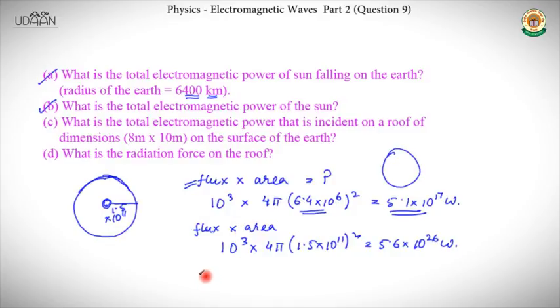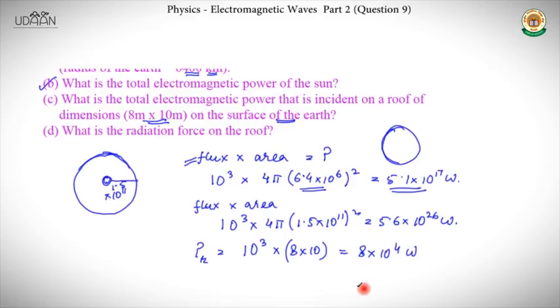So again we do the multiplication: the power on the roof equals the flux that has been given, 10 raised to the power 3, multiplied by 8 into 10, which is the area of the roof on the surface of the earth. Instead of the surface of the entire earth, we are just given a part of it, that is 8 into 10 meters. So here the answer is 8 into 10 raised to the power 4 watts, which is the power on the surface of this roof.